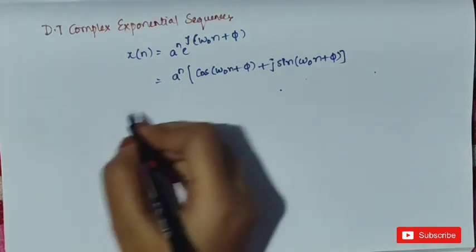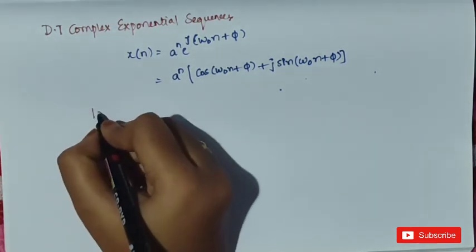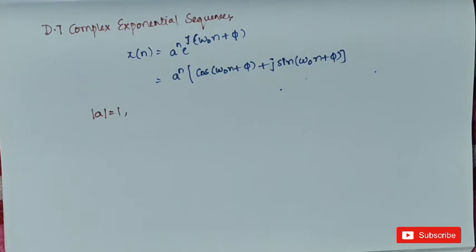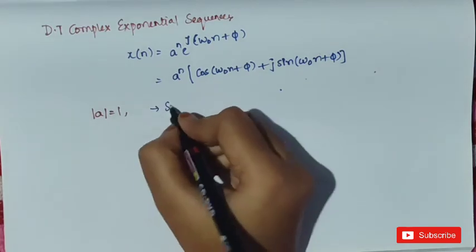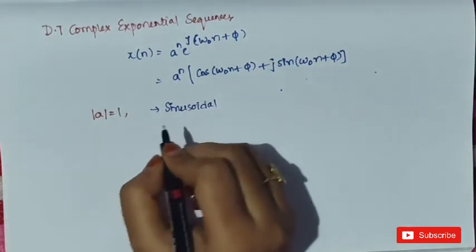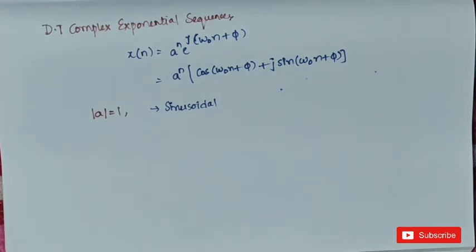In this equation, if mod a is equal to 1, then the sequence is sinusoidal.